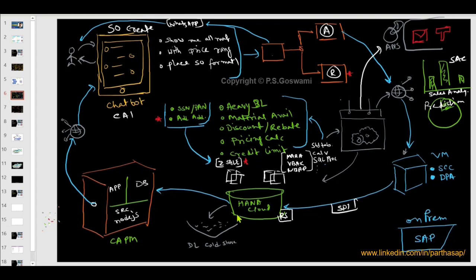After, let's say, 1 year or 2 years, if you want to retire the data, you can put it into cold storage, and from the data lake itself you can pull the data for your analytics purpose. And here I wanted to mention, from HANA Cloud to SAC we have live connections, so we can use the live connection to have real-time analytics on SAC.